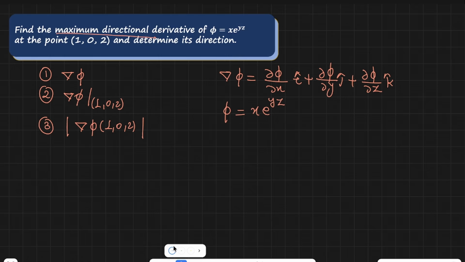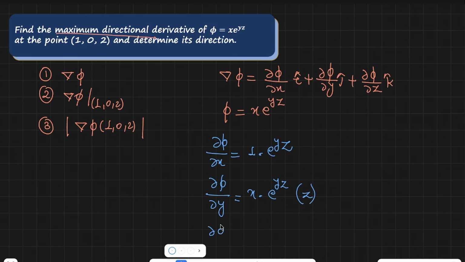One partial derivative that I will give you is dou phi by dou x. That is going to be, if it is x, then it will be 1 into e to the power yz as it is. Similarly, when you find the partial derivative with respect to y, that will be x as it is, e to the power yz as it is, but the partial derivative of yz will be z only.